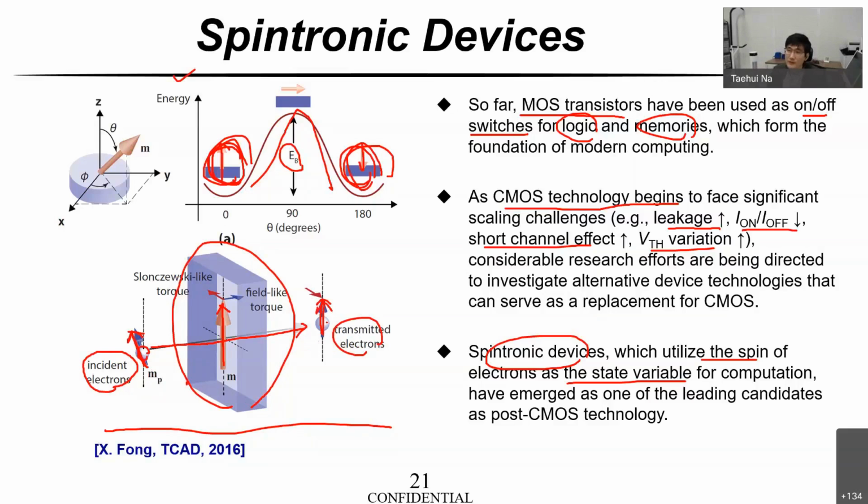However, because of the conservation law of angular momentum, in the opposite direction there is a torque inside our spintronic device. The transmitted electron gets the torque this way, and in our spintronic device the torque is in this way. If this torque is greater than some threshold, then this upward arrow can be changed to downward. That is the simple explanation of the switching or write operation of the spintronic device.